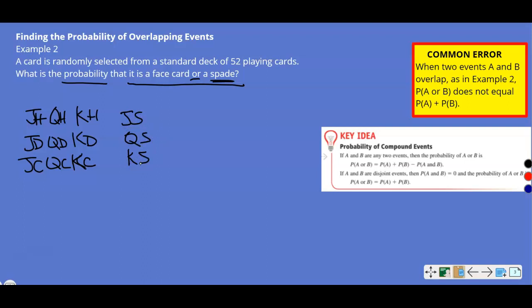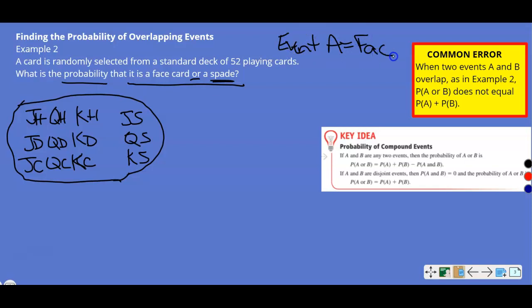And you can see I kind of put that in the middle because we're looking at two events, and a face card can be a spade as well. So these are all of the events for face cards. And then let's say this is event A, a face card. And event B is a spade.